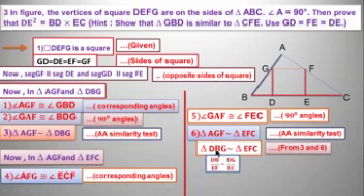Therefore DB divided by EF is equal to DG divided by EC.